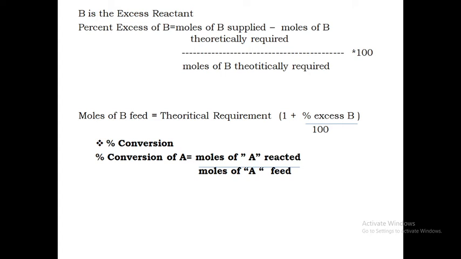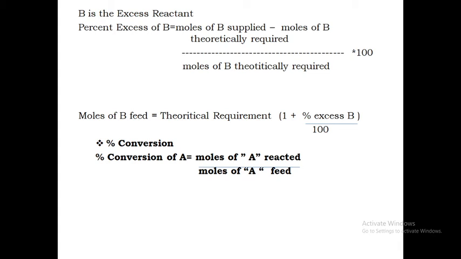Moles of B theoretically required, simply write theoretical requirement. So finally we get moles of B feed is equal to theoretical requirement into 1 plus percentage excess B divided by 100. This is the formula for moles of B feed or supply.